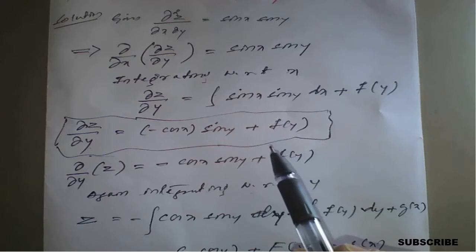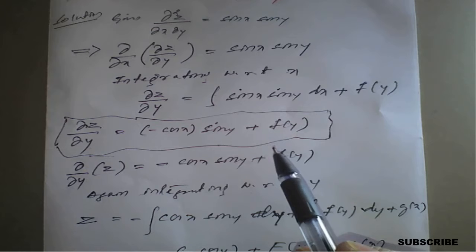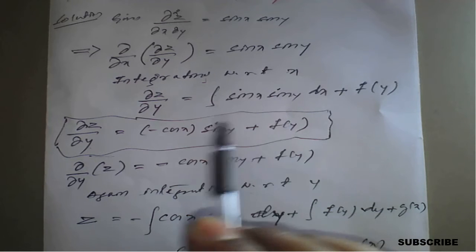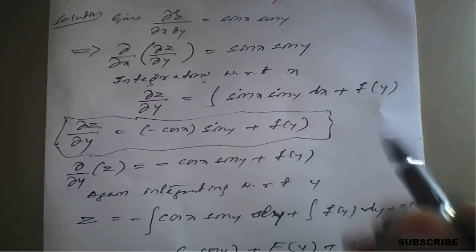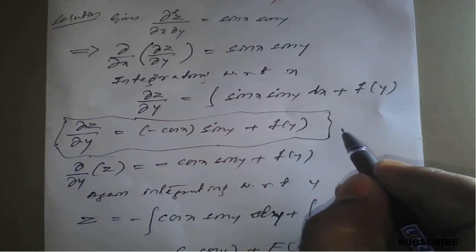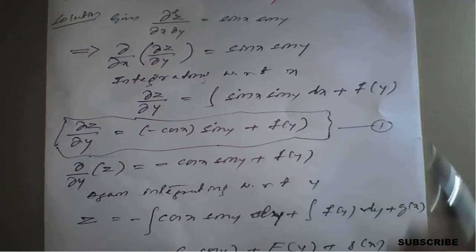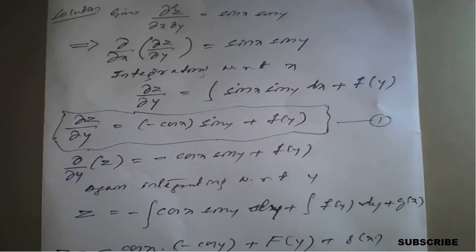Now we got the results. The expression we got for ∂z/∂y will be equation number 1, and the z answer we got will be equation number 2. They have given two conditions.